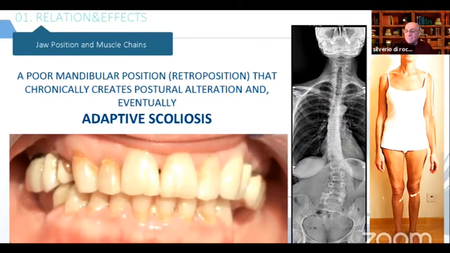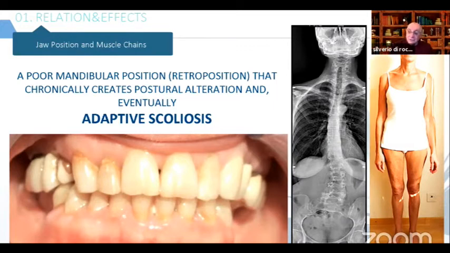Just, I think, 5% of the scoliosis is a real scoliosis, anatomical scoliosis. Most of them are functional adaptative scoliosis. And if you study and you investigate the patients, you will see that it's compromised. The craniofacial system, the oculomotor system, the biochemistry, the mind, and the foot support. And the adaptation is scoliosis.